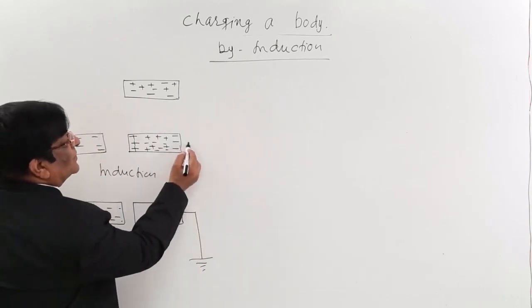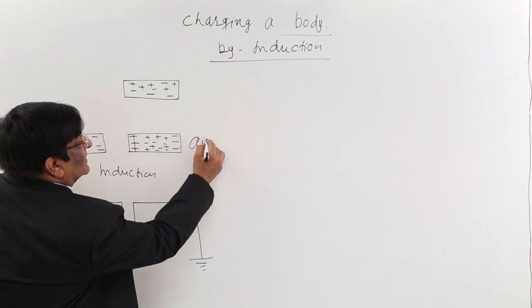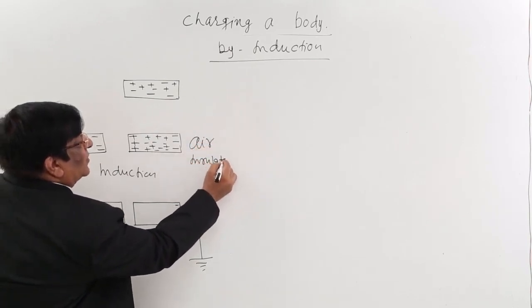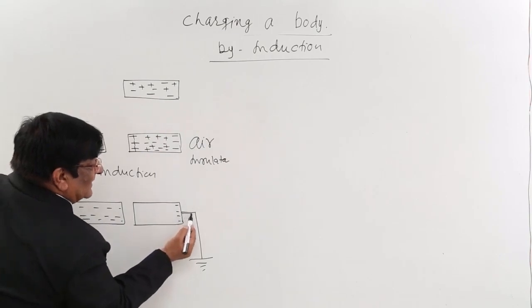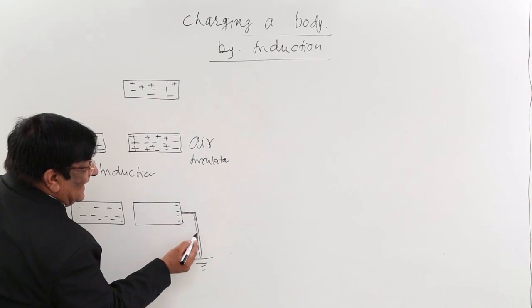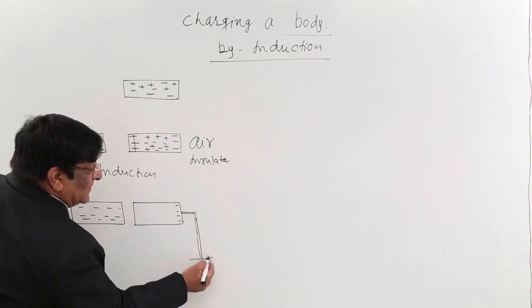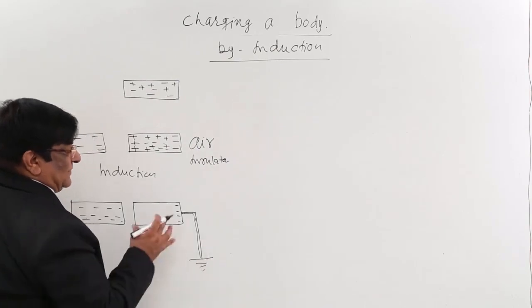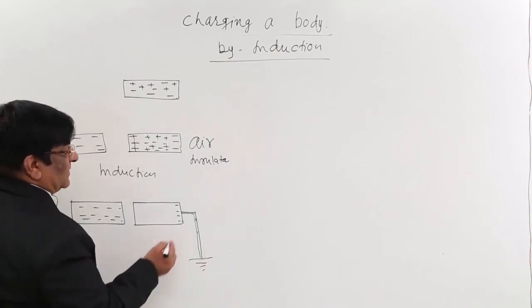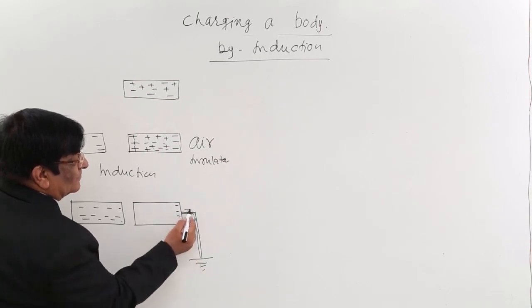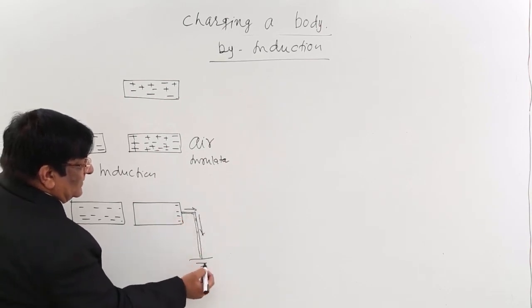They were not able to move away because here is air which is an insulator. But now I have connected it with a conductor. They have a passage to move. Conductor, and this goes to earth, and earth is a very large body which is also a conductor. So what happens when they are repelled? They go from here. They move to earth.